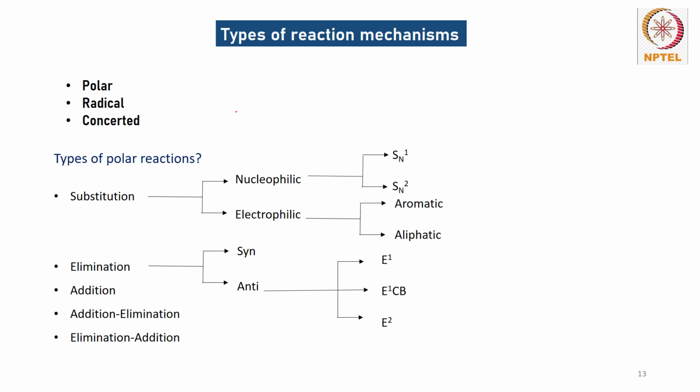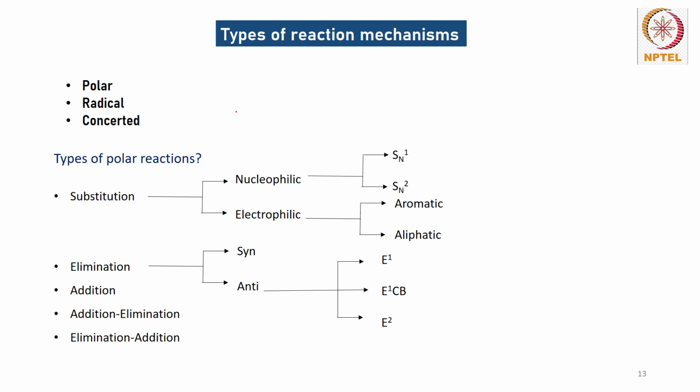I will discuss concerted reactions in the next classes. Without an example, I can explain, because in case of concerted there is no formation of a full positive or negative charge. There is a partial positive or negative charge. They are just coming together in a system and reacting.